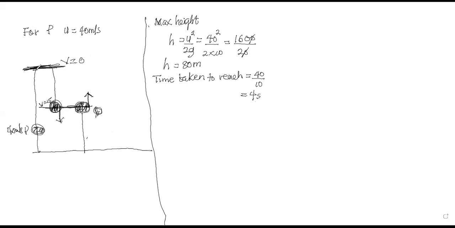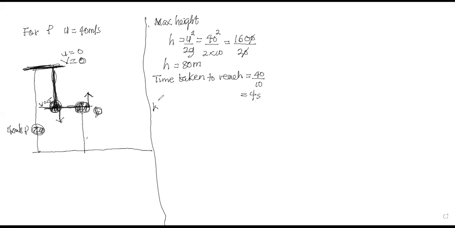So if at the maximum height velocity is 0, and at this point velocity is 15, then we can determine the time taken for P to meet Q. Meaning we determine the time taken for P to reach a velocity of 15. Meaning over here we have initial velocity 0, and at this point velocity is 15. So we can calculate the time where P meets Q. Class, do that for me.